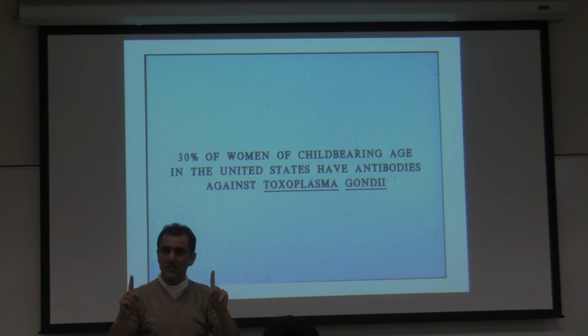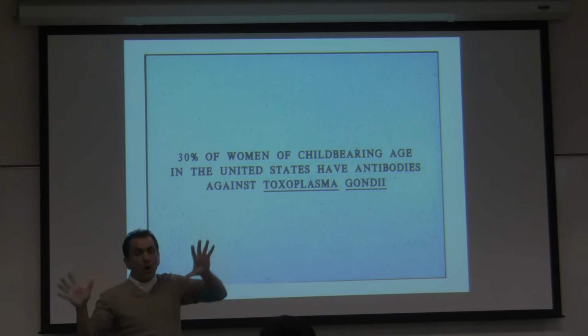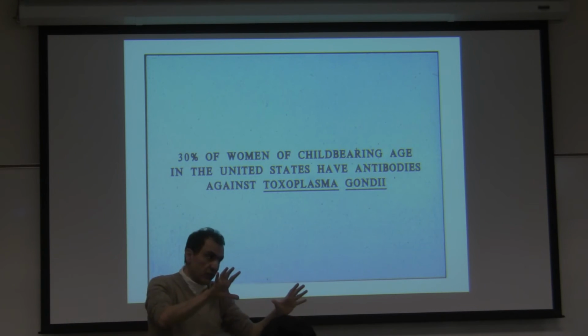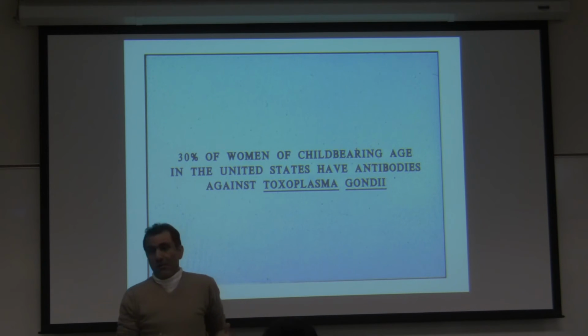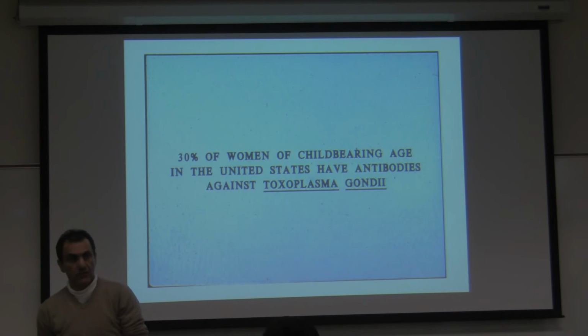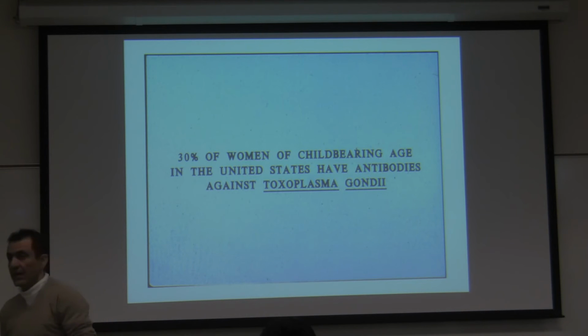And one of the diseases they check for is Toxoplasma gondii. So if a woman is negative for Toxoplasma gondii, they give her a list. If the woman is positive, then they say, okay, go have fun. I want to make some sense a little bit. So it is those women who do not have it.